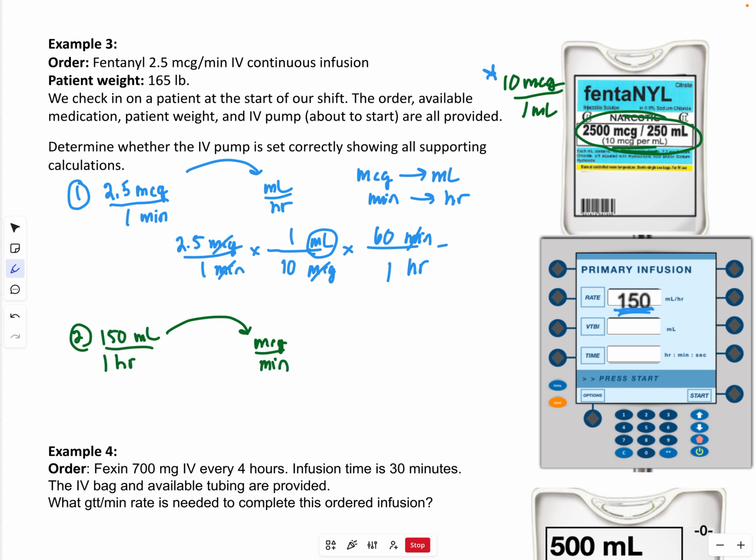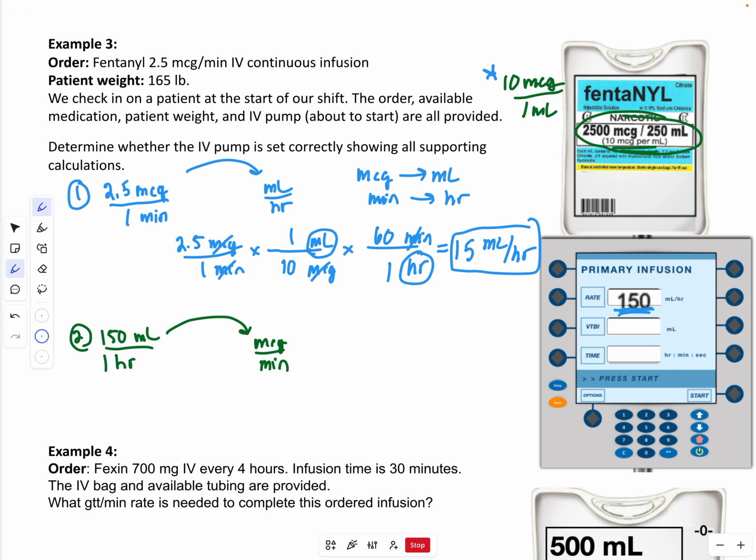So if I multiply all those numerators, I'll have 2.5 times 60. So 2.5 times 60 is 150. Divided by 10 is 15. So this patient, for this order, should be getting 15 milliliters per hour, not 150.